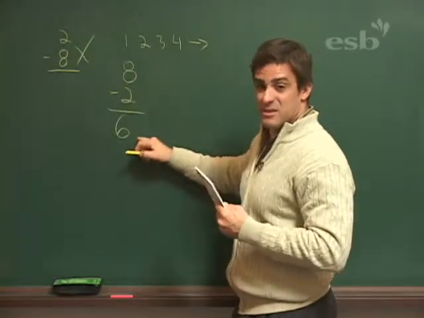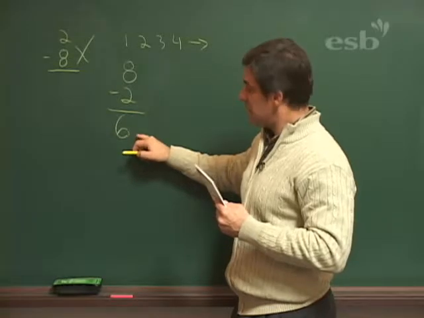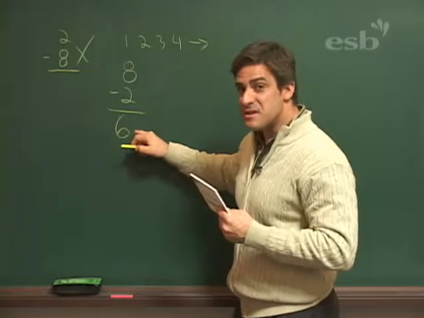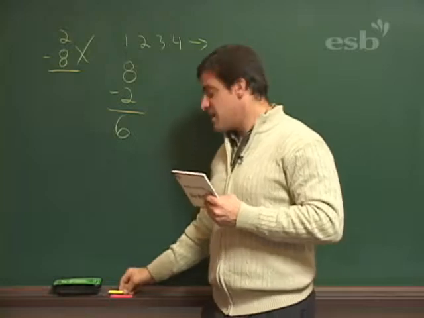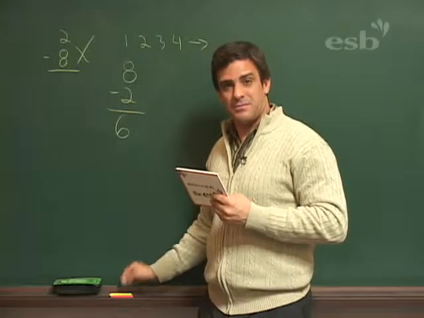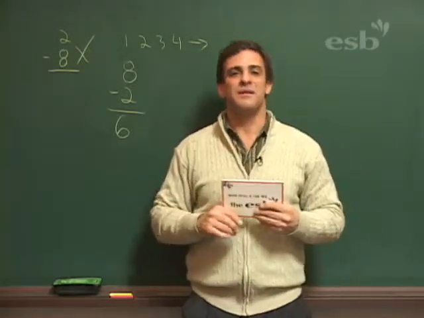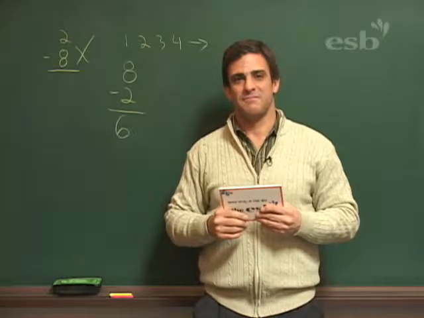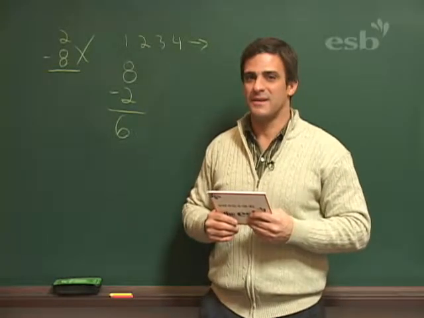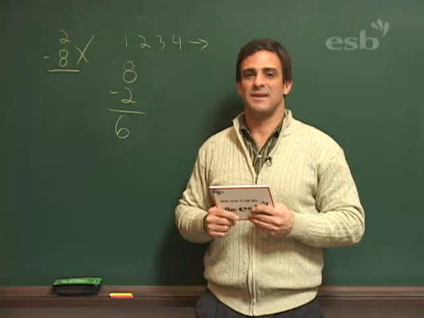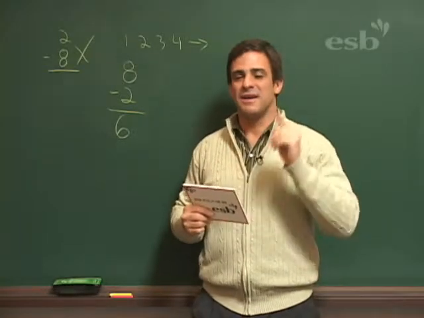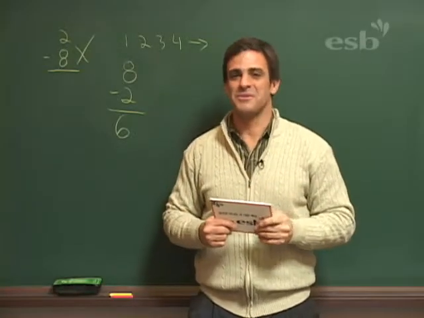Again, the difference, the answer, must be a natural number. That is the rule of natural numbers. Do you understand? I think you do. You study very hard and you understand very well. Good work, everyone.